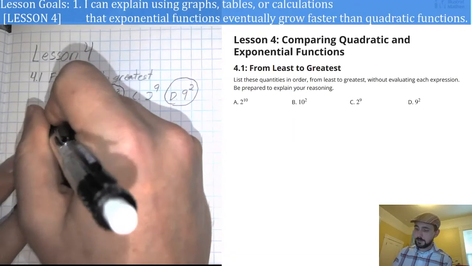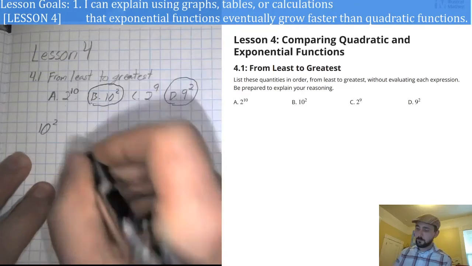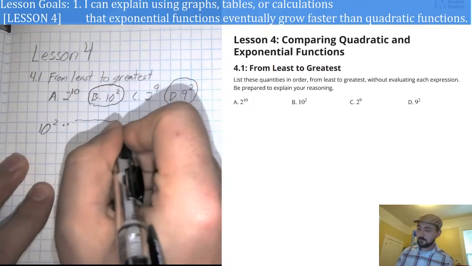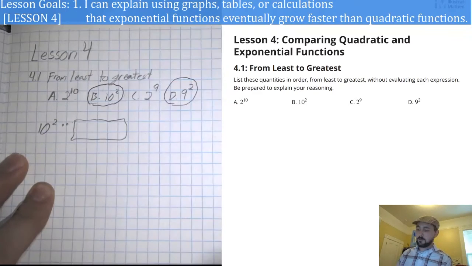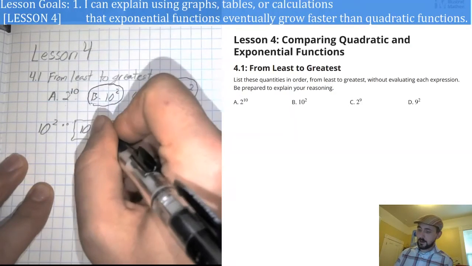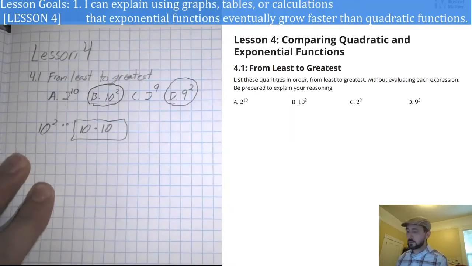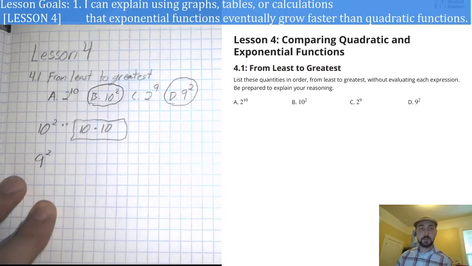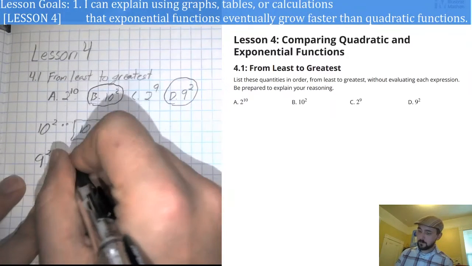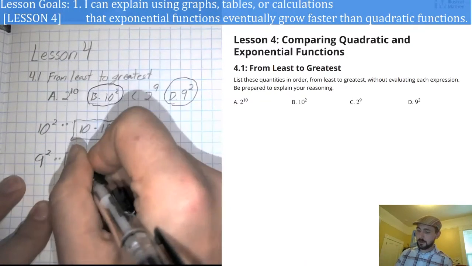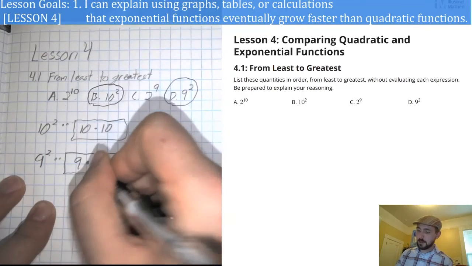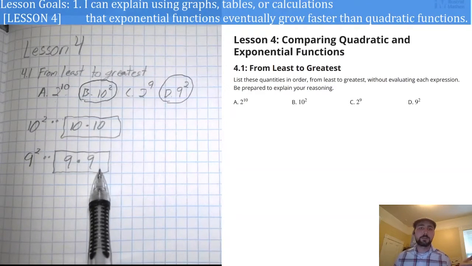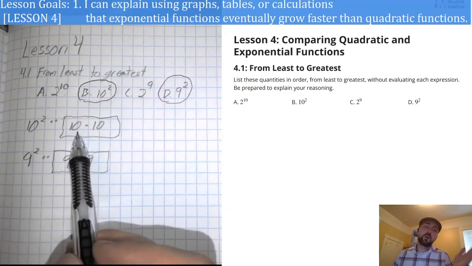If I have 10 to the 2nd power, I know that that is 10 times 10, right? And if I have 9 to the 2nd power, I know that that is 9 times 9. In your head, you may already know what 9 times 9 is, or what 10 times 10 is.